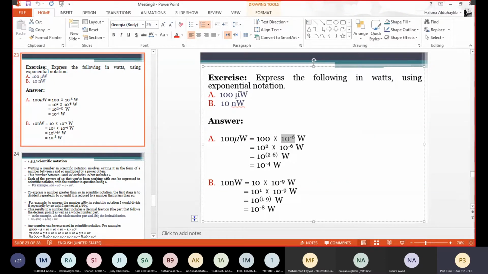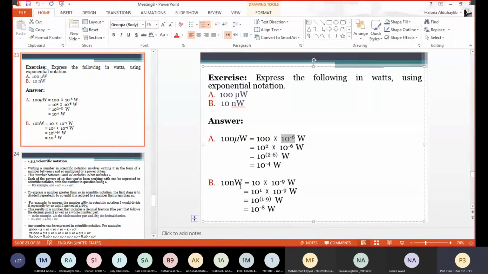So 100 microwatt is equal to 100 multiplied by 10 power minus 6. 100 you can represent with 10 power 2. Then you can add the powers together. By the end, you will get 10 power minus 4.